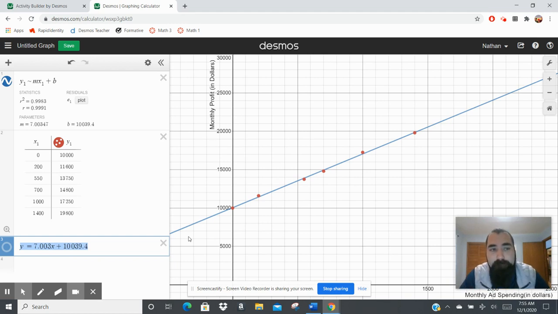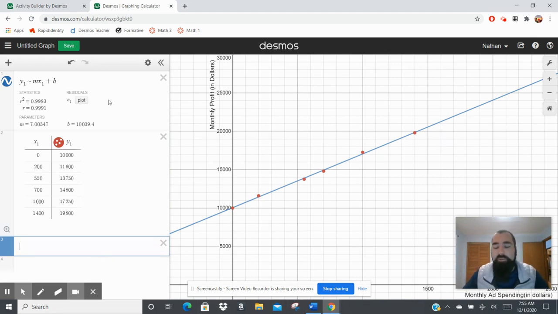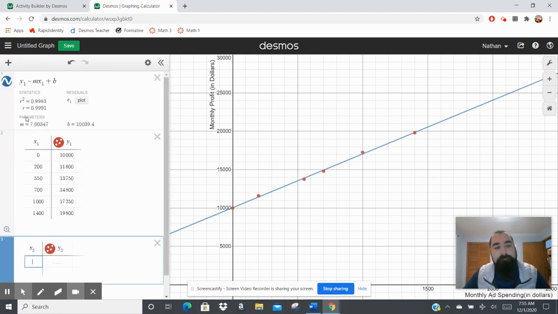Now, one of the things I do want to caution you about is if you're doing a lot of work on Desmos, let's say you just finished this problem, you're ready to go to the next one, and you make a table. What you'll notice is that now this is called x2, y2 instead of x1, y1. So instead of writing a 1, you might have to write a 2 for your second problem, or you can go back in and change that number back to a 1.